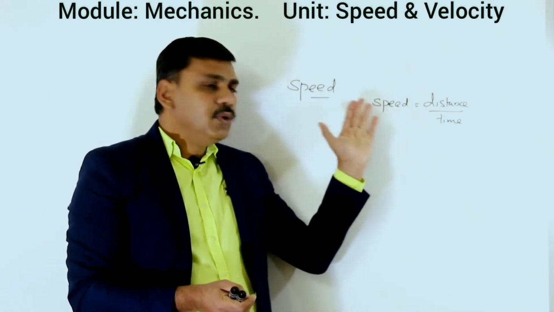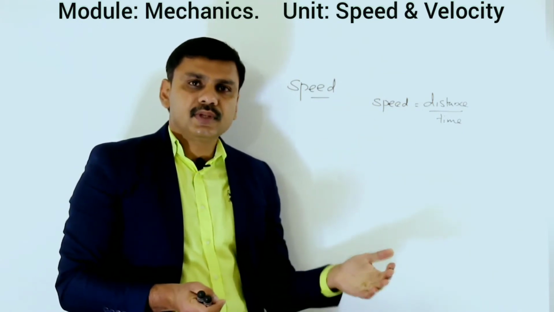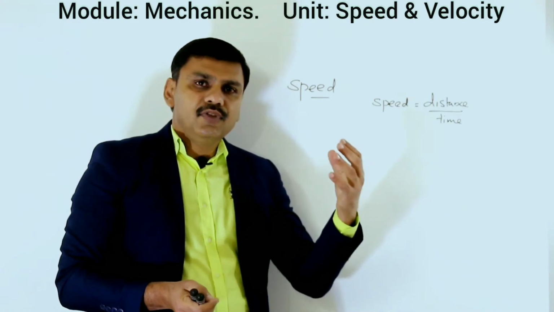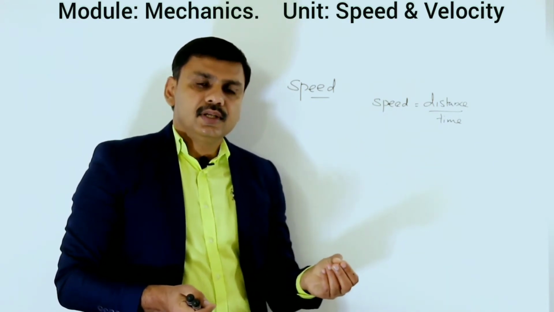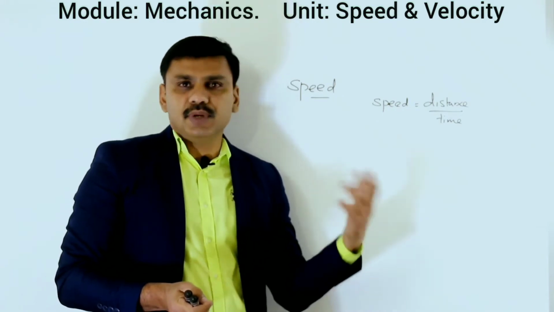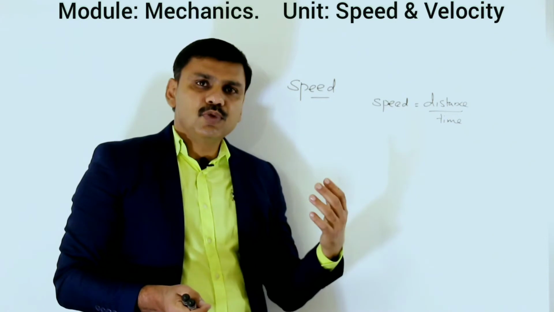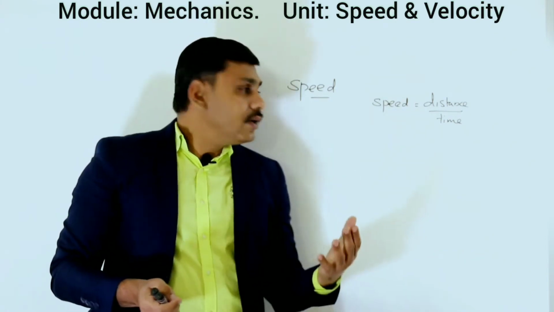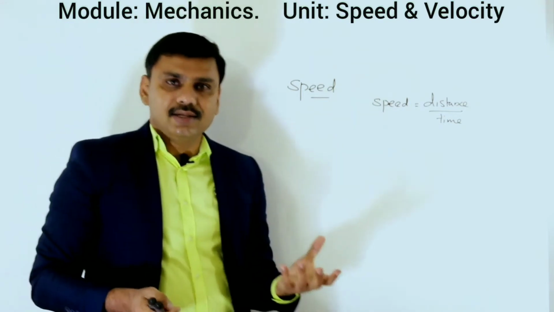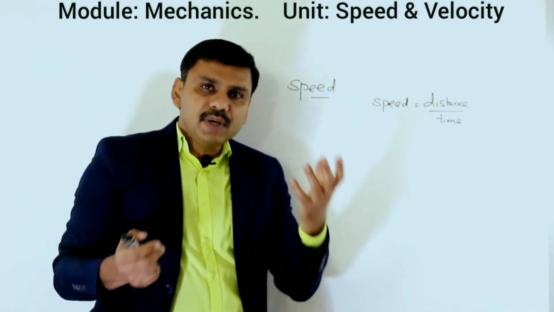You can say the object has more speed if the object covers a long distance in a short time, then the object is moving with a high speed. When the object covers a short distance by taking a long time, you can say the speed is less.